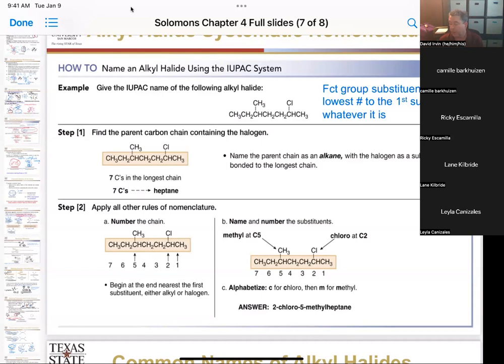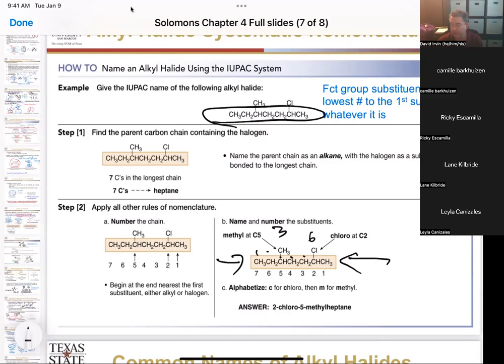So we would not want to number from this side because we get 3, 6. Numbering from this direction, we have 2, 5. So we're numbering the chloro first only because it's the substituent we see first, not because it's changing the name. It's just a substituent. So we're going to do the longest parent chain.